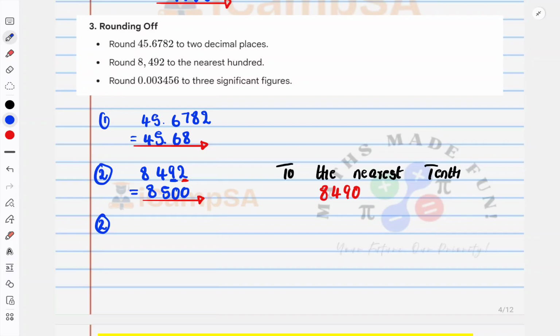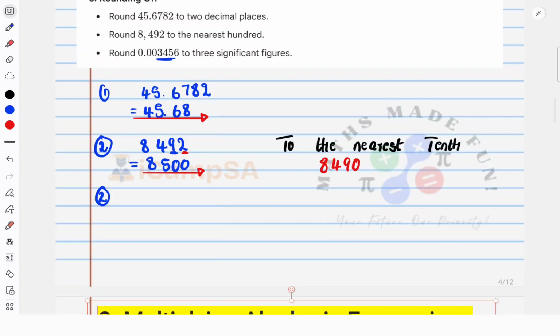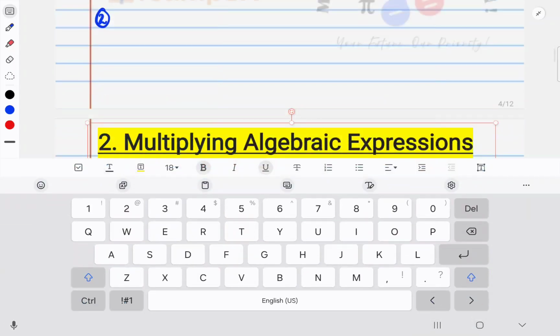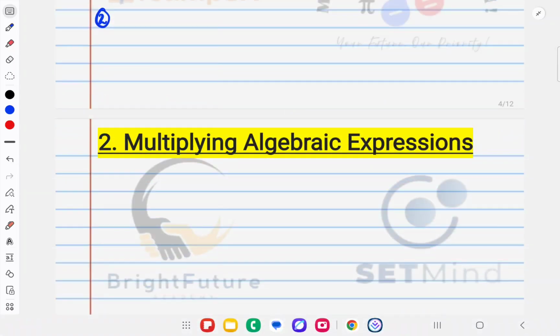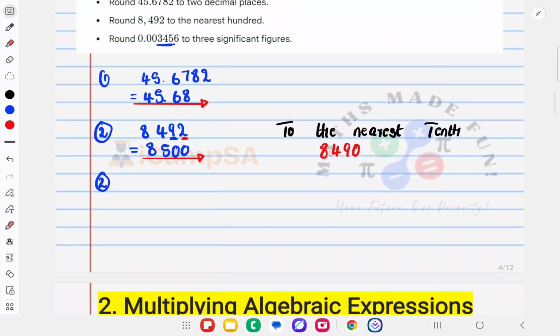But the 3 significant figures here will be 3, 4, 5, and the cutoff number is essentially 6. Right now we are given this number in 4 significant figures. So when we round to 3 significant figures, the cutoff number is 6, and that means we're going to round up.